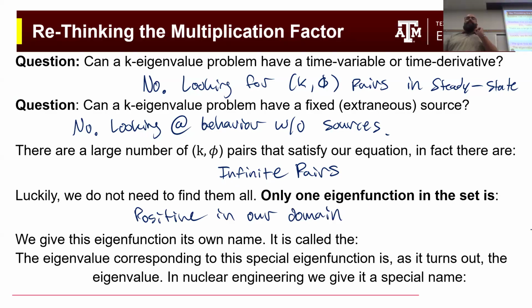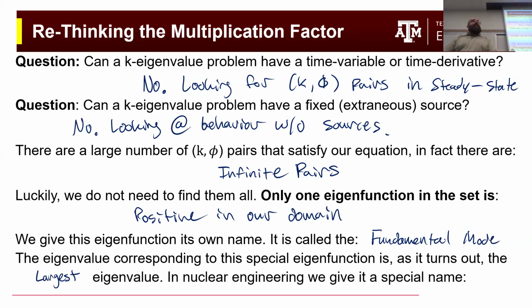That special eigenfunction, we give it a name in nuclear engineering, and we call it the fundamental mode. The fundamental mode eigenfunction is the one that's positive throughout our domain, which means that it satisfies our physical realizability condition. That eigenfunction has a corresponding eigenvalue, and that eigenvalue happens to be the largest eigenvalue in the set.